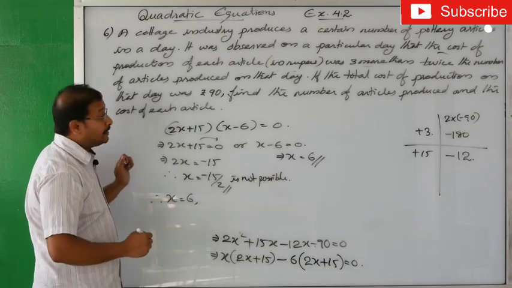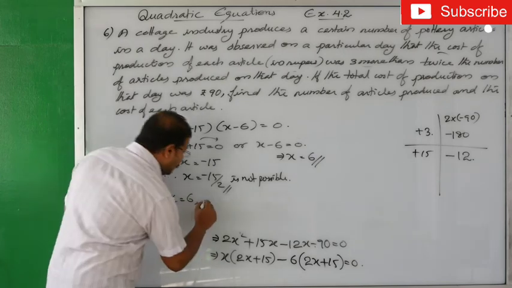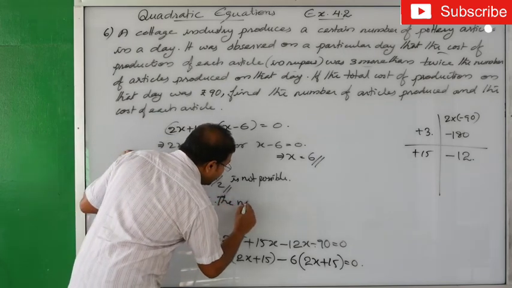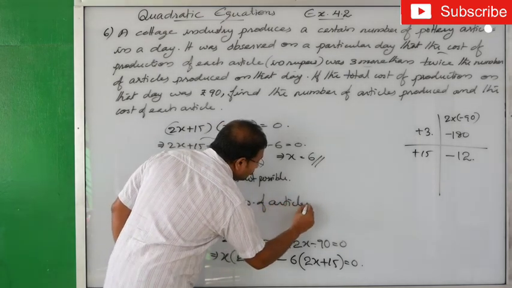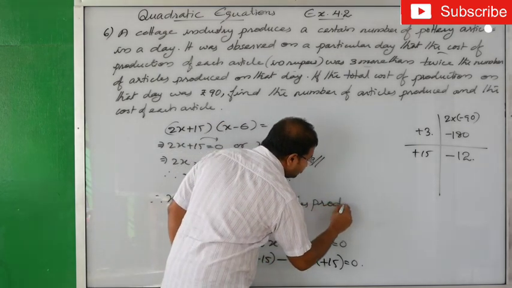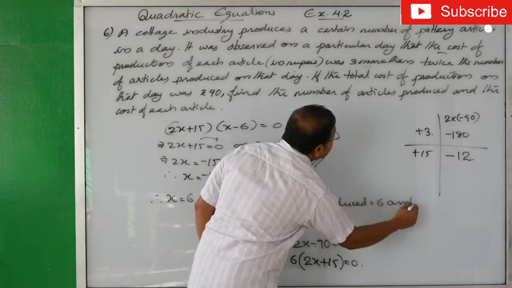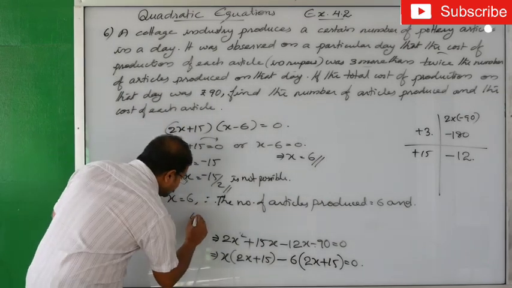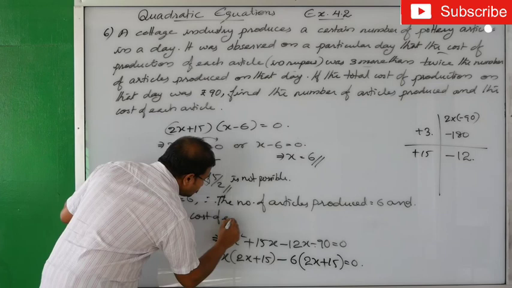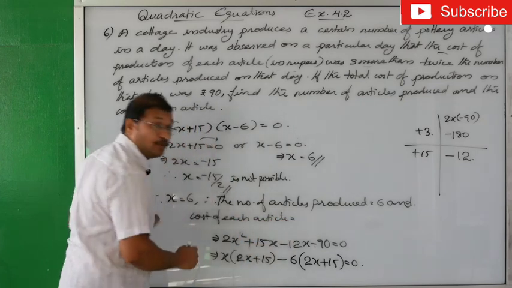That means the number of articles produced equals 6 and the cost of each article equals, what will you do? 2x plus 3.